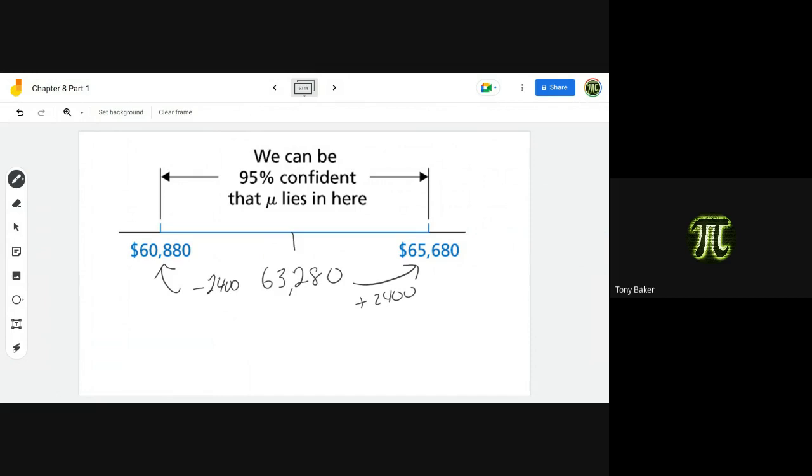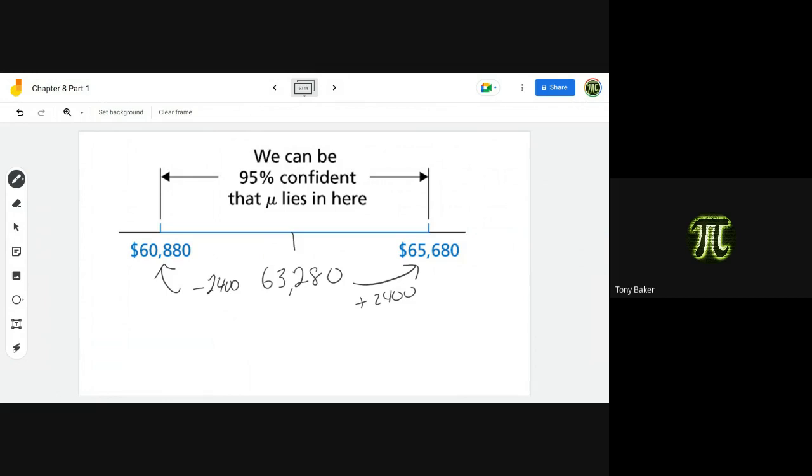So I know that my mean is 95% sure that's somewhere between 60,880 and 65,680. That the actual population mean is somewhere between.